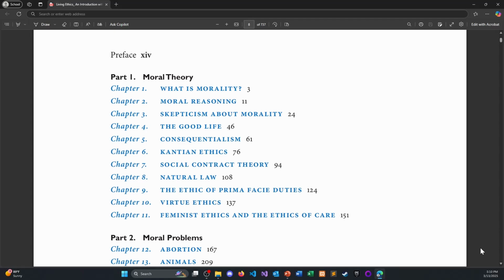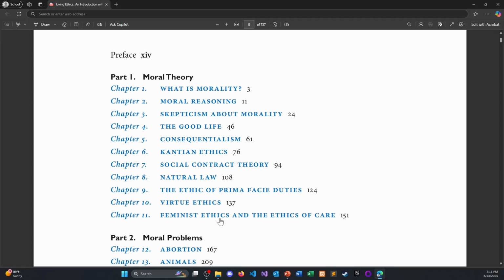So the 11 chapters of the moral theory part are mostly specific chapters about specific theories. So skepticism about morality, the good life, consequentialism, Kantian ethics, social contract theory, natural law, the ethic of prima facie duties, virtue ethics, feminist ethics, and the ethics of care.